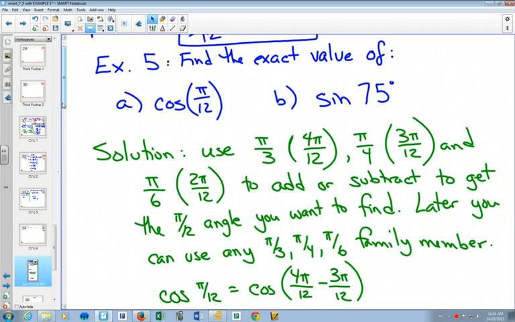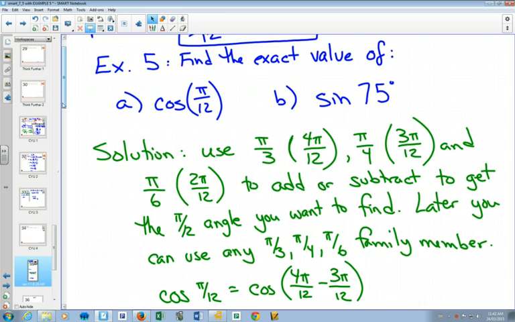The nice thing about them is you can make them have a denominator of 12, because pi over 3 is 4 pi over 12, pi over 4 is 3 pi over 12, and pi over 6 is 2 pi over 12. And then you just try to add or subtract until you get the angle that you were trying to find.